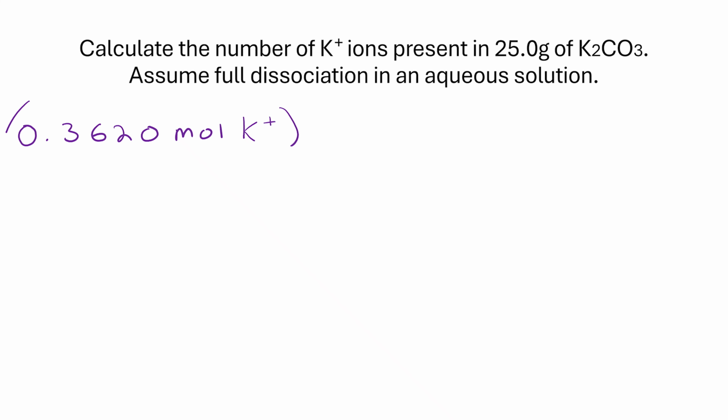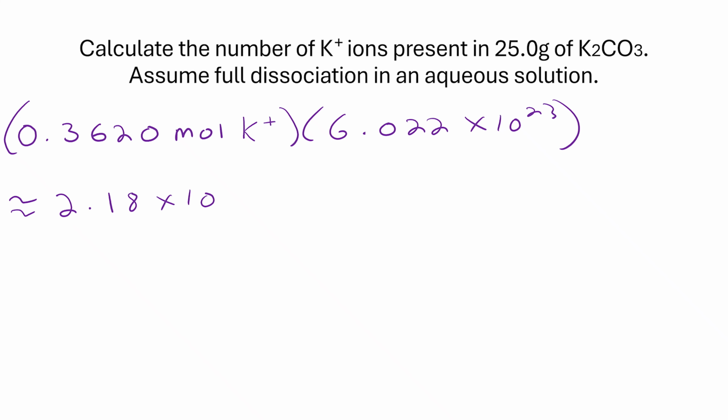To 4 significant figures, Avogadro's number is 6.022 times 10 to the 23rd, and we're going to give our final answer to 3 significant figures because the value we're given initially for the mass of the sample is in 3 significant figures. So we're going to give our final answer also in 3 significant figures. So our final answer is going to be 2.18 times 10 to the 23rd potassium ions.